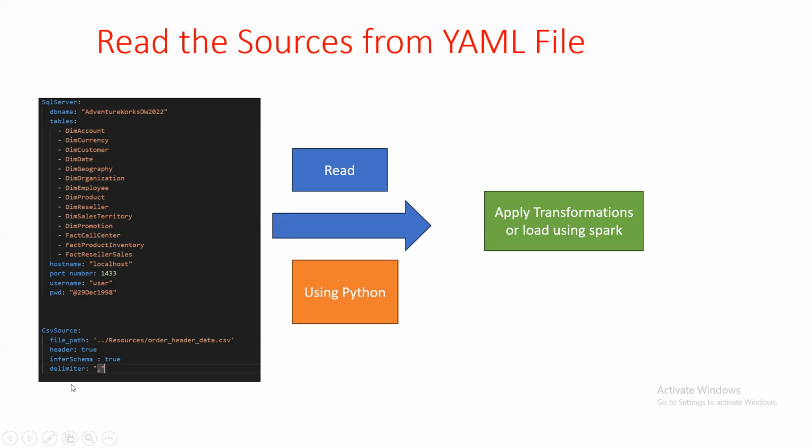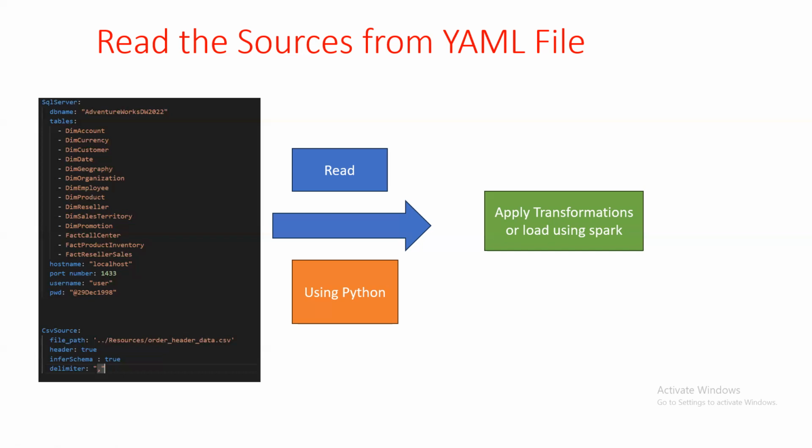If there are any CSV sources, I am just giving the file path, which is where the file is located, with the header and inferSchema options set to true and the delimiter as comma. Some CSVs may have a dash or space delimiter, or other kinds of delimiters, so those things are mentioned in the YAML file.